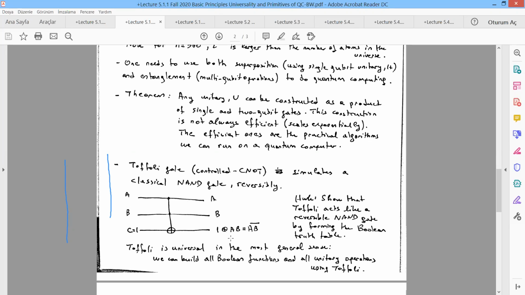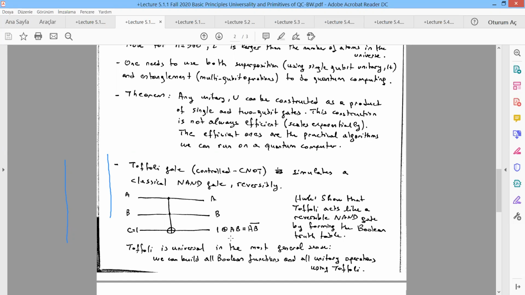If C equals 1, the output is AB not. But if C equals 0, this is AB. So you can obtain an AND gate and a NAND gate depending on the value of the target bit C, whether it's 0 or 1.